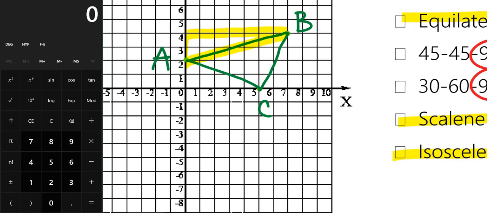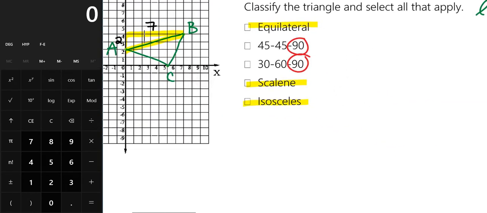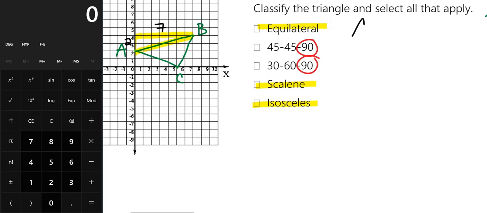And now my 2 side lengths are 2, and horizontally, I have 7. So I'm going to use the Pythagorean Theorem with 2 and 7. AB is going to be 2 squared plus 7 squared equals C squared. 2 squared is 4 plus 49.